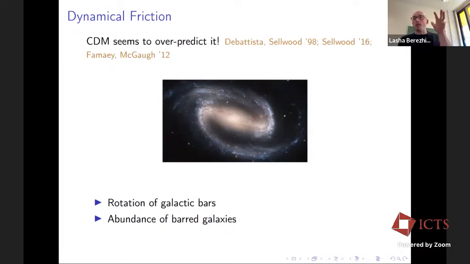There are some claims stating that CDM seems to overpredict the galaxy merger rate.